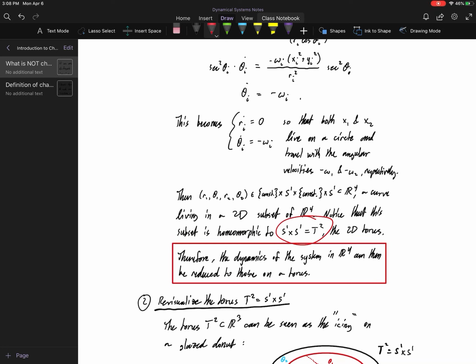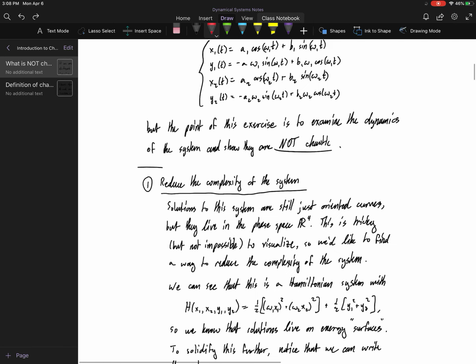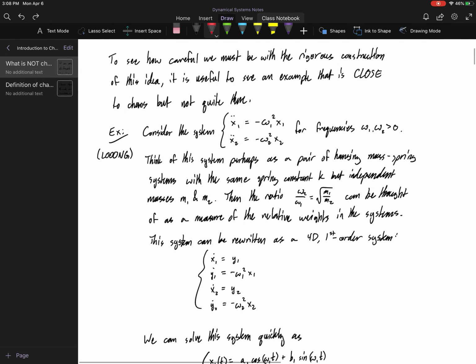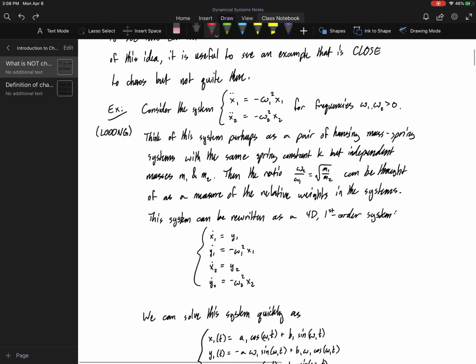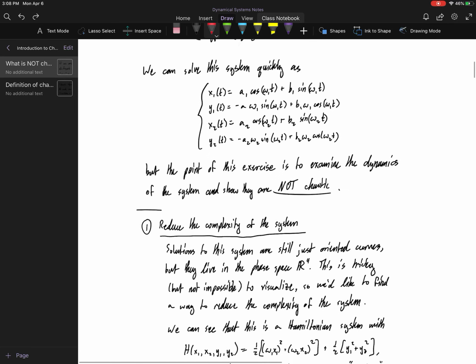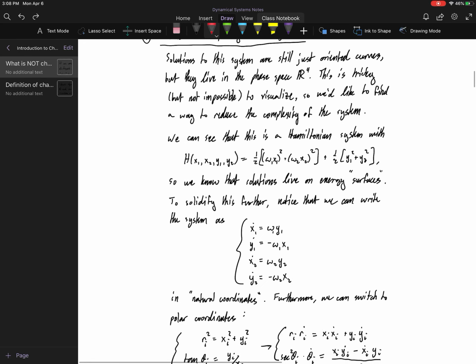It's a donut, or at least the glaze, the icing on a donut. We're not talking about the interior, but it's definitely that nice golden fluffy outside, maybe with some glaze, some icing on it. But I digress. For any solution to this original system up on top here, the dynamics actually occur on tori.